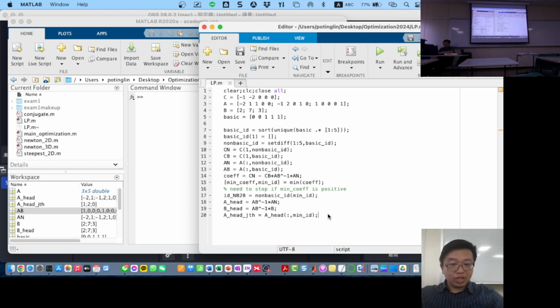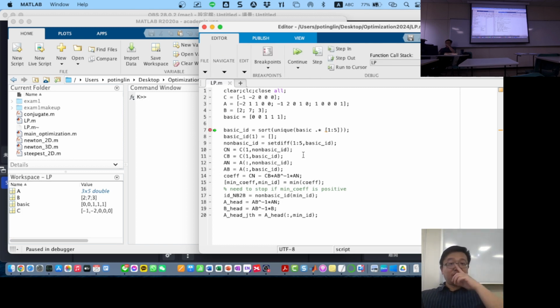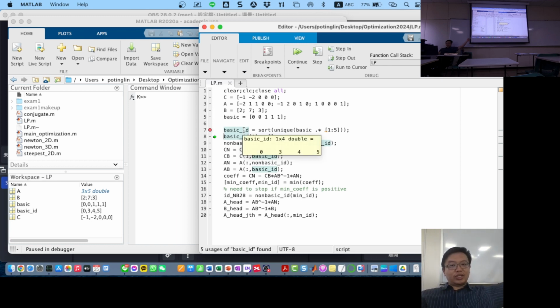Let's run the code and check what they are. Over here, let me run the code again from the debug mode. So basic ID was 0, 3, 4, and 5 due to that dot multiply.